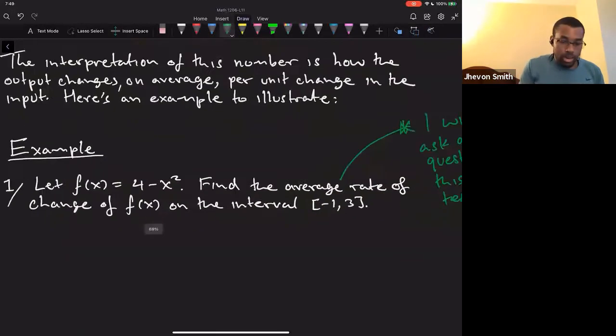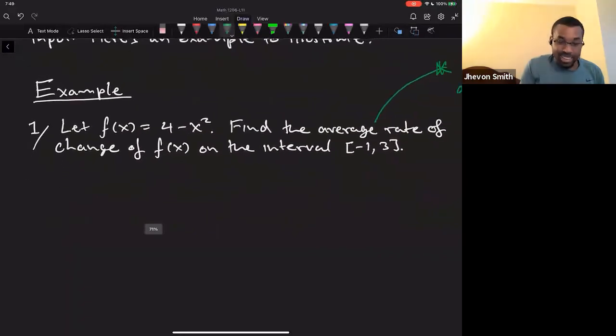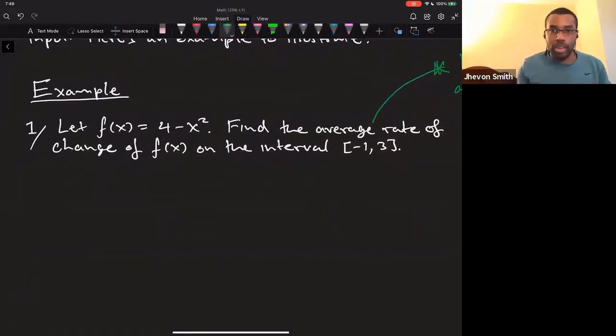It's pretty much going to be stated exactly like this. I'm going to give you a function f of x, and I'm going to tell you, find the average rate of change of this function on this interval.